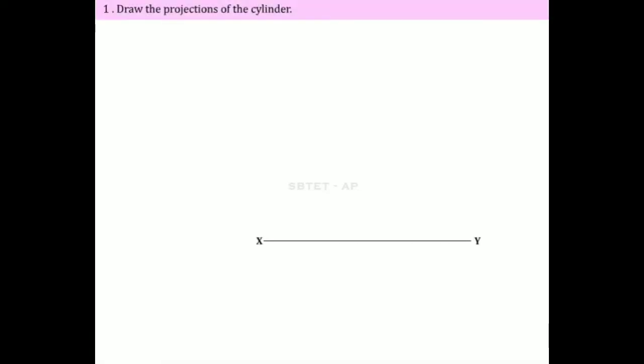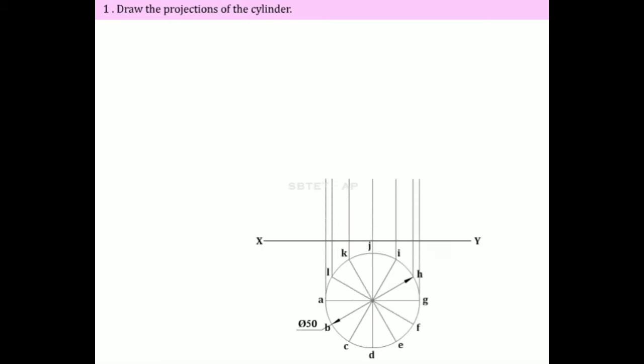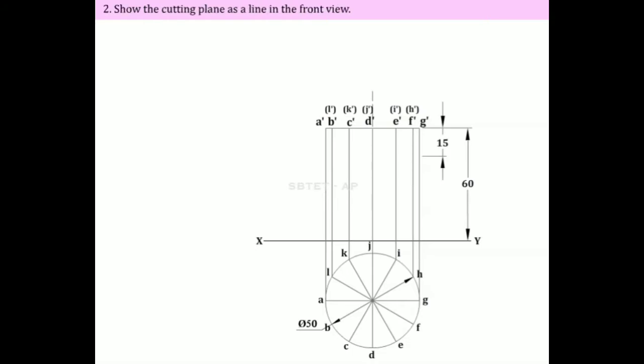Draw the projections of the cylinder as per the given position. Show the cutting plane as a line in the front view as per the given data.